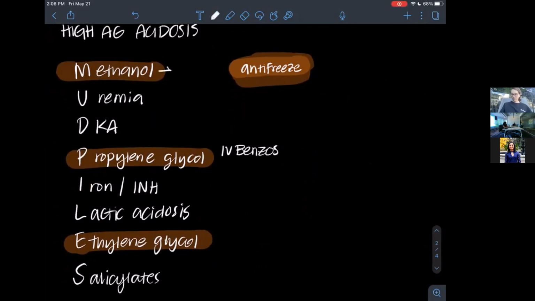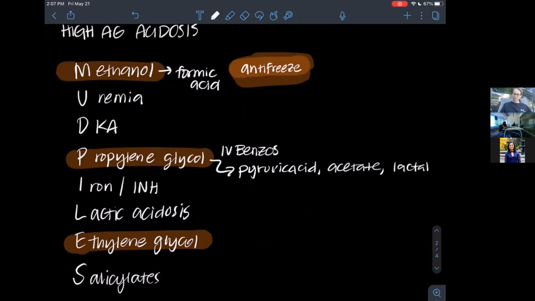Things that they create are, for methanol, formic acid. These are things that you just need to learn. Propylene glycol makes pyruvate, acetic acid, so acetate, and lactic acid.